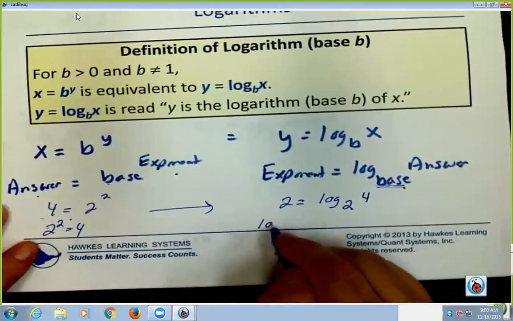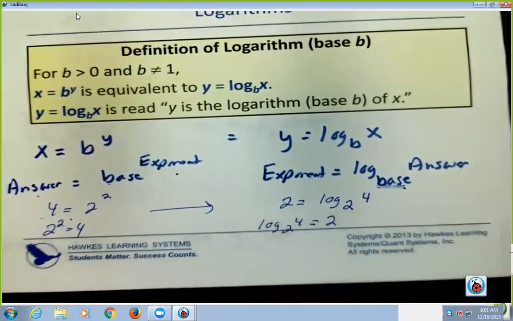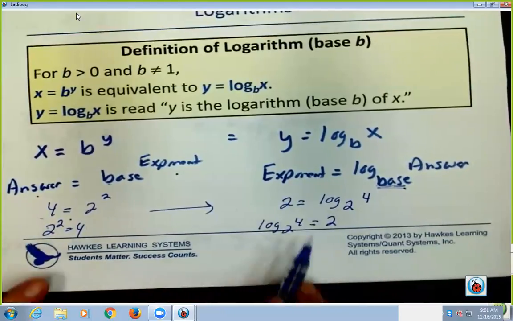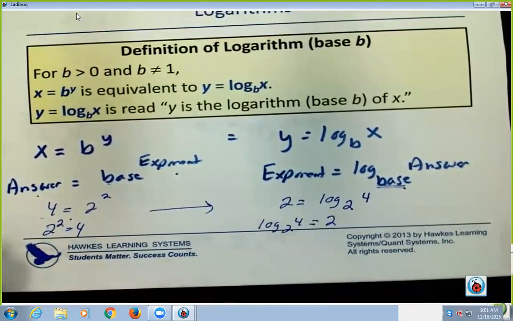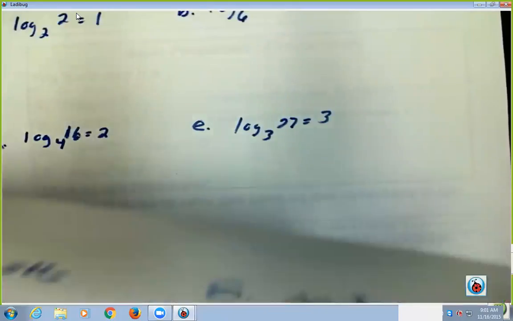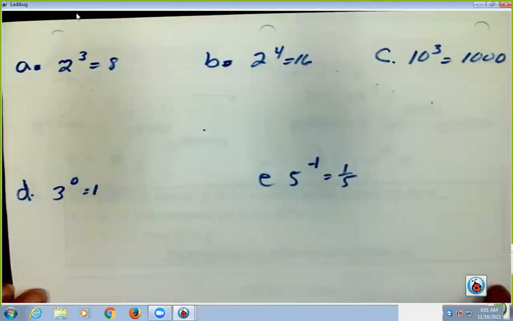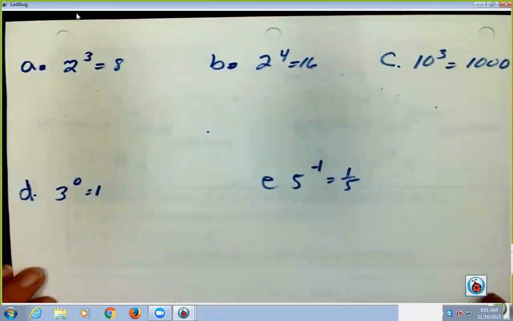They mean exactly the same thing. It's just another way of seeing them. So let's go through and do some. Let's see if we can get all of these turned into logs.